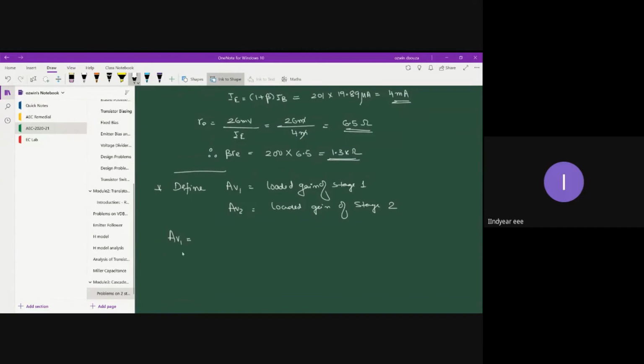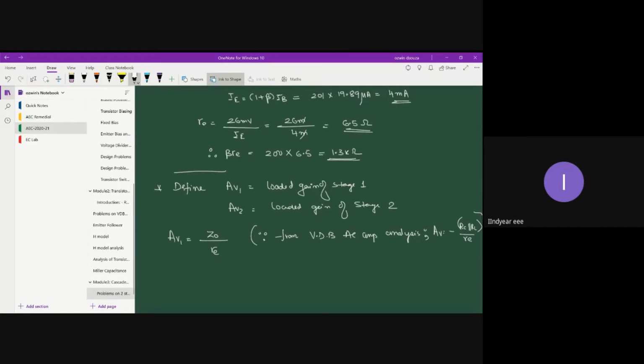Now AV1 is normally taken as Z0 divided by RE. This is from the voltage divider bias AC amplifier analysis, in which you found that AV is equal to minus RC parallel with RL divided by RE.